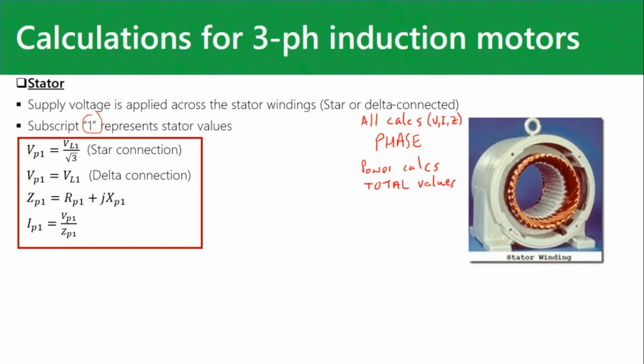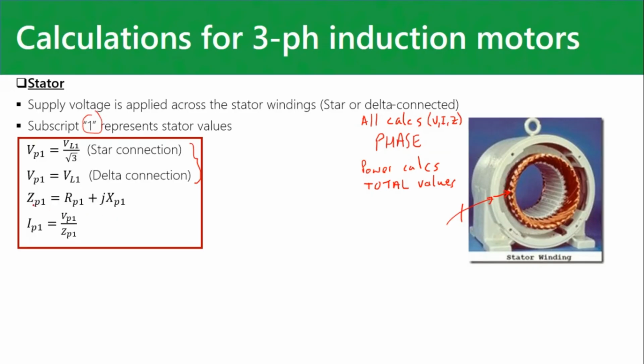VP1 means volts per phase, and 1 means the stator. From the outside, the 3-phase comes in and is connected only to the stator. There are 3 conductors onto the terminal box, and the voltage per phase is either one of these two, depending on whether the stator is star or delta connected.